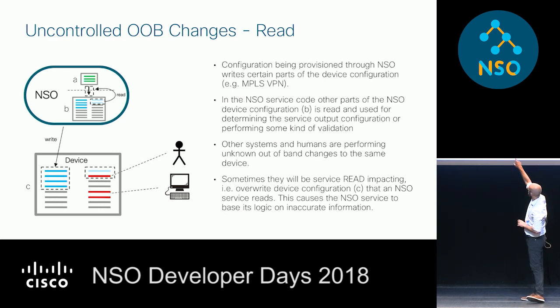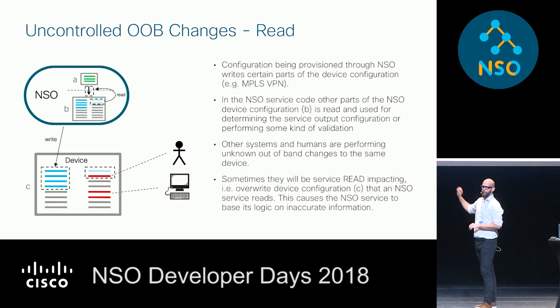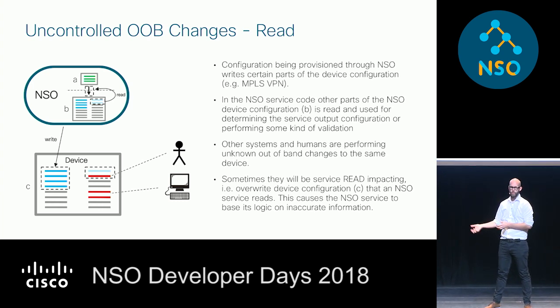And what the small arrow up in NSO means is that if you have service logic code that reads values outside what you want to configure, you will read that from the CDB representation of the device config. So if you then have another system or human doing an out-of-band change within that part of the config that NSO reads, you will actually have service logic that bases its logic on inaccurate information.